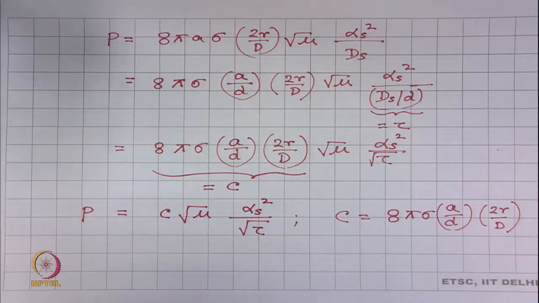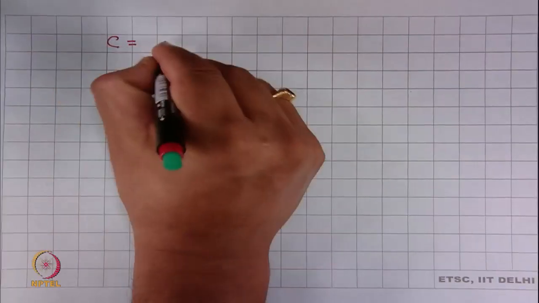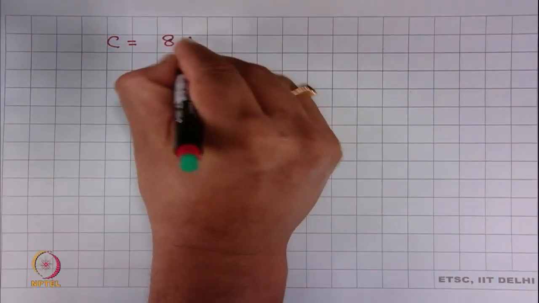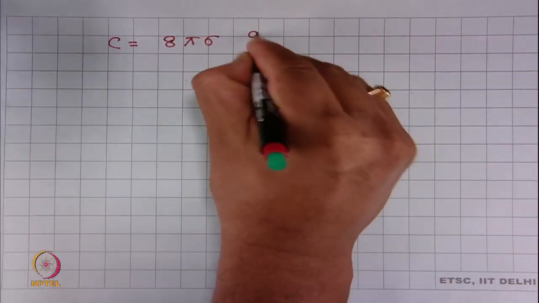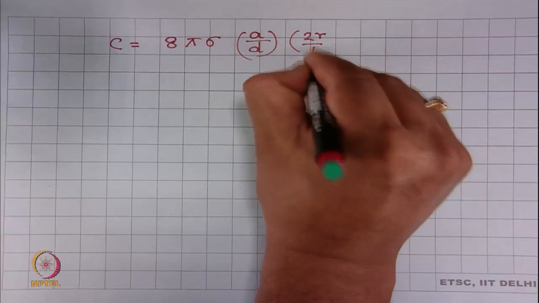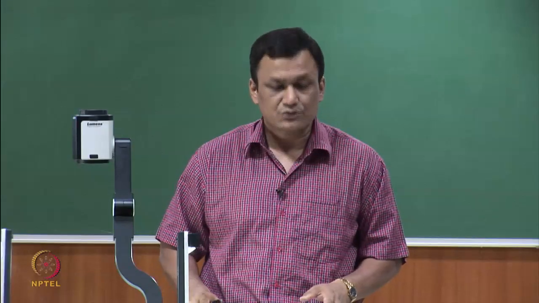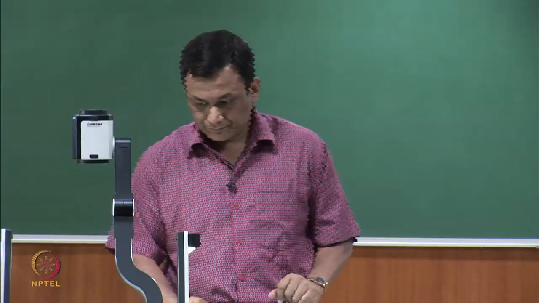Okay. Clear? Now, let us learn about this ratio C. C is 8 times pi rho A by d 2 r by d. What does it indicate? What is the physical meaning of C? That is what we need to learn.